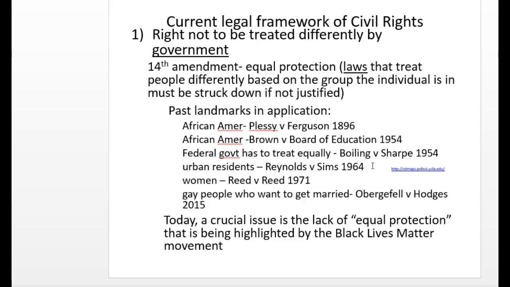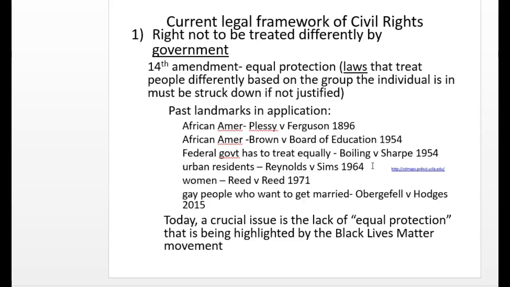Now today, a very crucial issue is the lack of equal protection that's being highlighted by the Black Lives Matter movement. Clearly, when we talk about equal protection, and when they put that phrase in the Constitution in 1868, the standard of treatment of former slaves was clearly going to be one of abuse if there weren't some requirement that the law protect those former slaves.